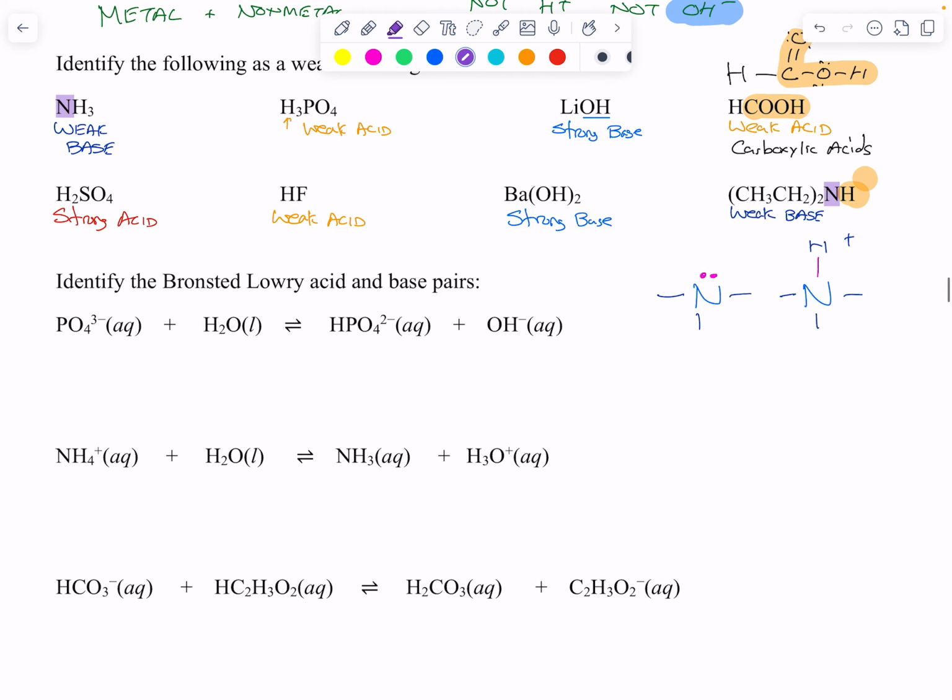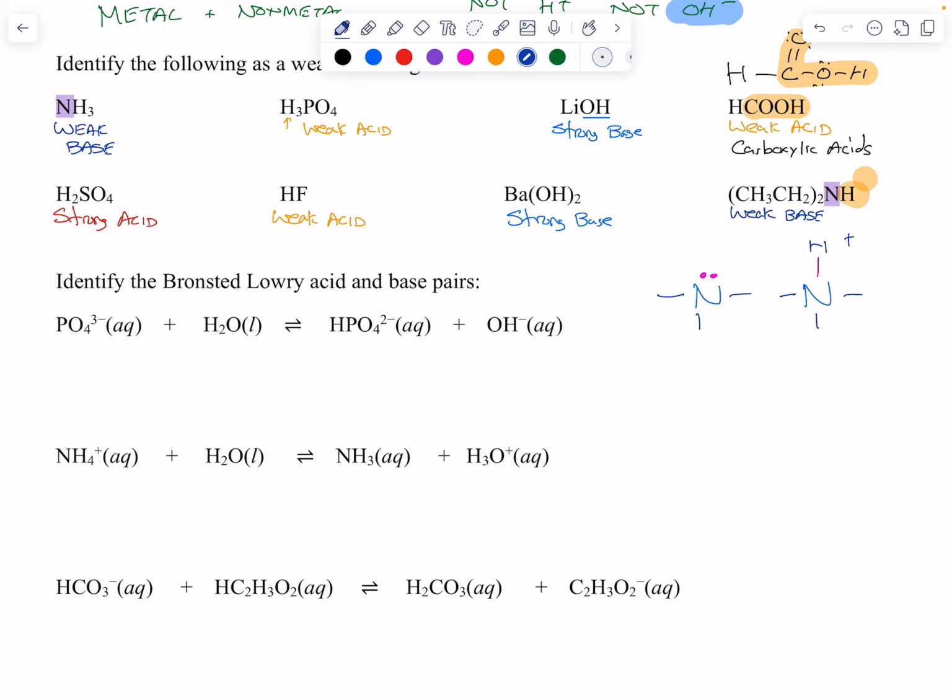All right, let's do some examples now of Bronsted-Lowry acids and bases. So what's the first thing? I want to know who's the acid and who's the base. Well, PO4 3 minus. Does phosphate have a proton to donate? I would say it does not.